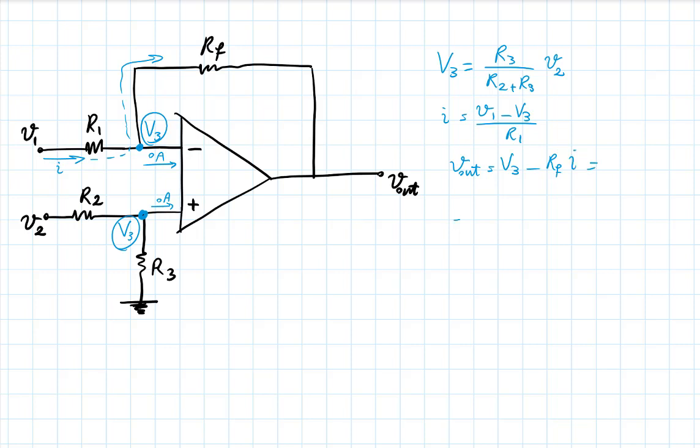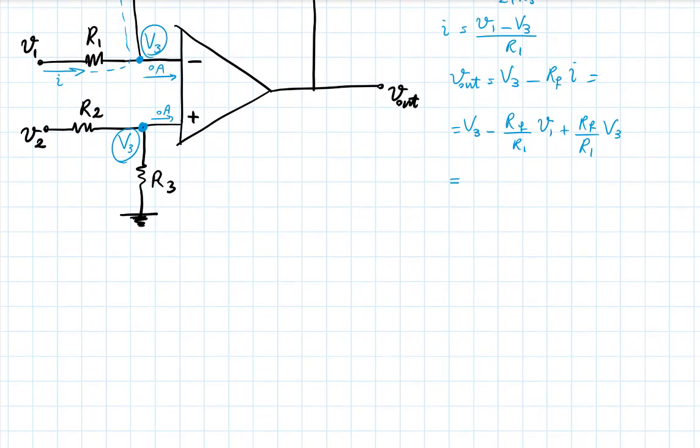And so that's V3 minus RF over R1 V1 plus RF over R1 V3, right? Which I'll then simplify as (1 plus RF over R1) V3 minus RF over R1 V1.